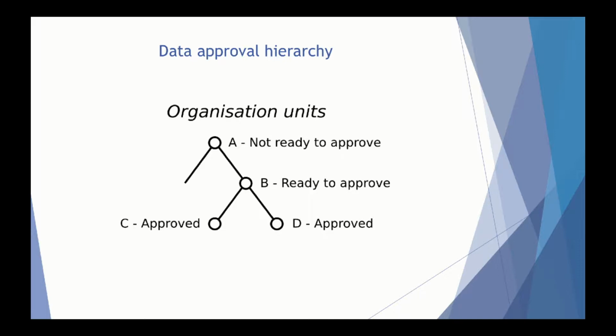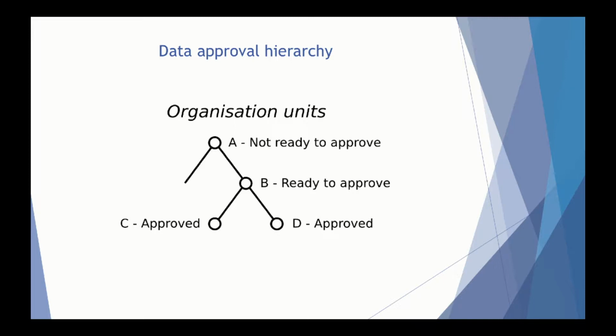But the point is that if we have these nodes A, B, C, and D in our organization unit hierarchy, let's say that data is already approved at all of B's children. So if the data is already approved at C and D, then it is ready to be approved at B, and someone can hit the approve button for org unit B.